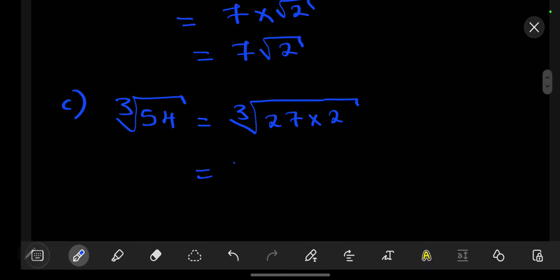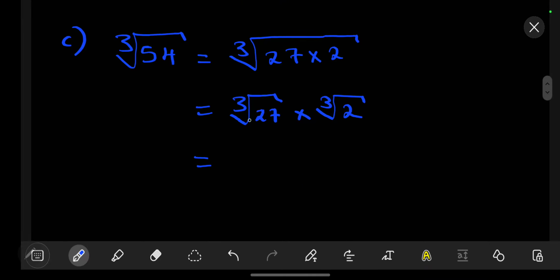So this is the cube root of 27 times the cube root of 2. The cube root of 27 gives us 3, times the cube root of 2.